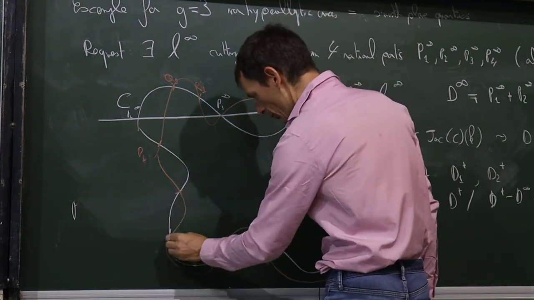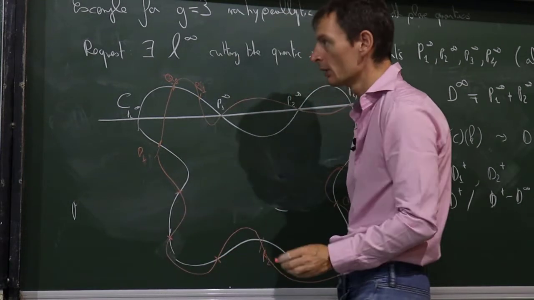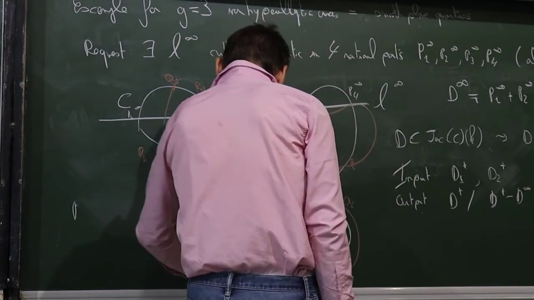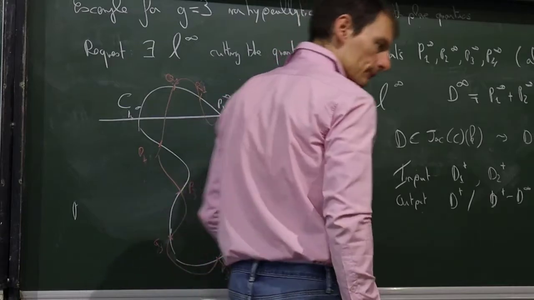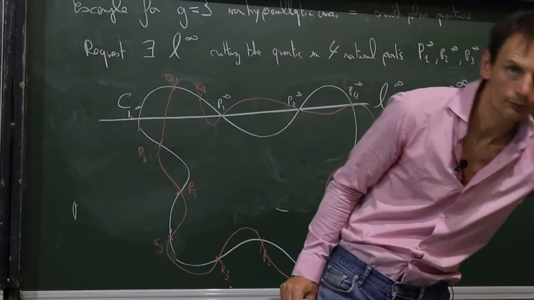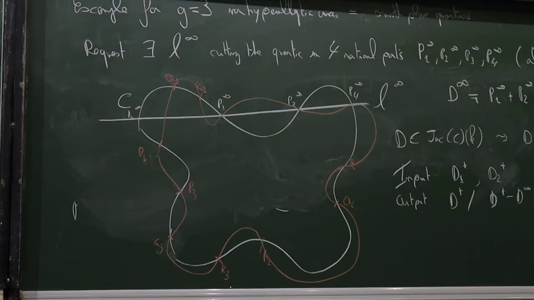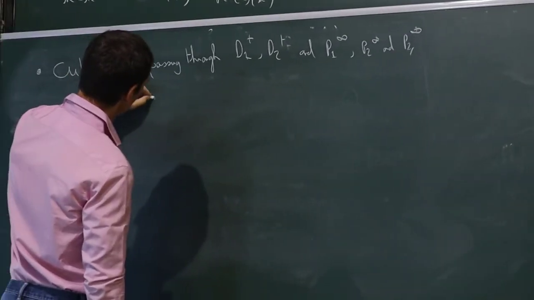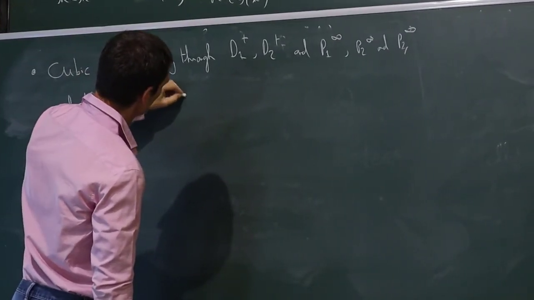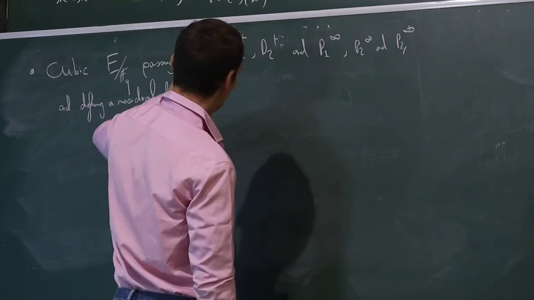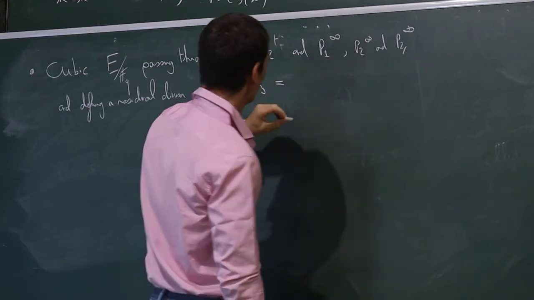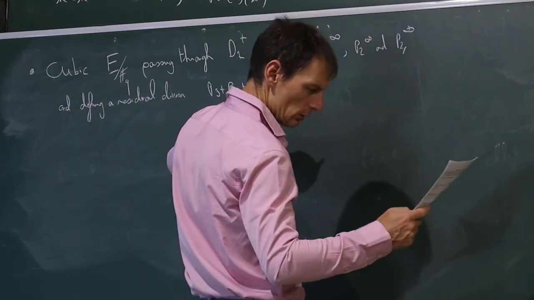So these 3 extra points, passing through things and defining a residual divisor, I say P3 plus R3 plus Q3, that I call D3.